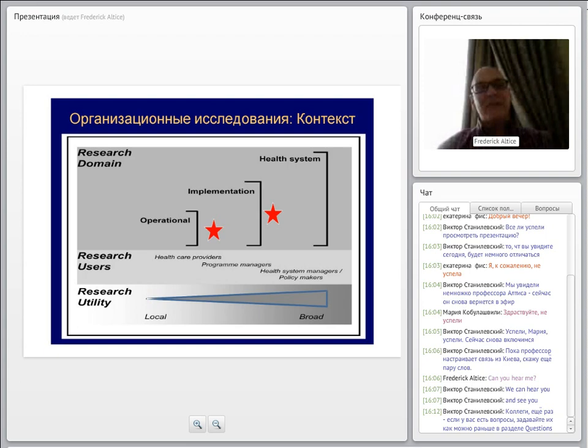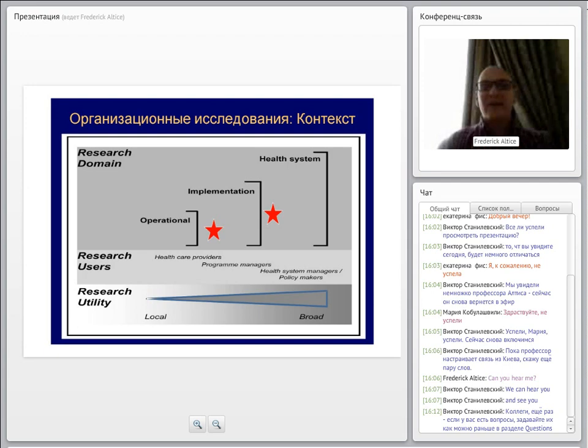Now, this is a continuum, and so I want us to make sure that we recognize that it's a continuum of research, and many of the methods are the same, but the message that you need and who you have to convince is going to differ depending upon whether you're looking operationally in the local setting, implementation as you're moving from the single clinic to multiple clinics, and to the healthcare system when you're looking at, for instance, financing and how that may actually impact outcome.